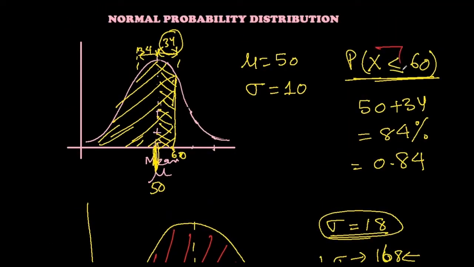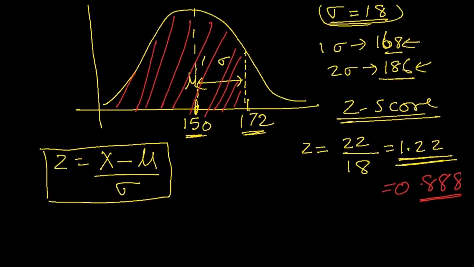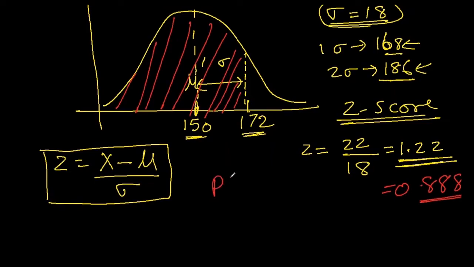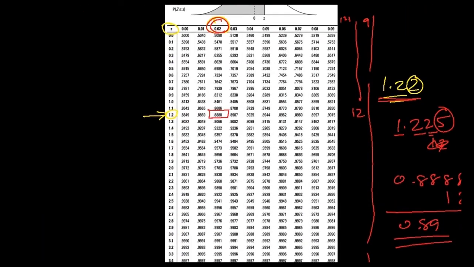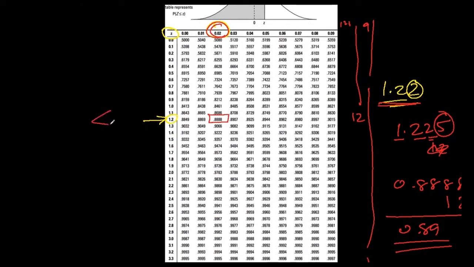Every time it was less than. So in this case also, P of x less than or equal to 172 is 0.8888. So this normal distribution table always talks about less than or equal to the given number, and we find the z-score accordingly.